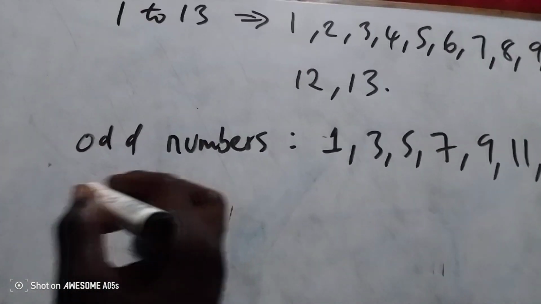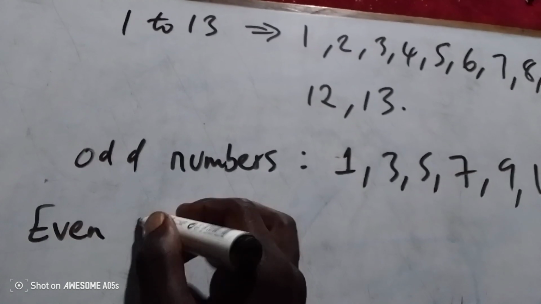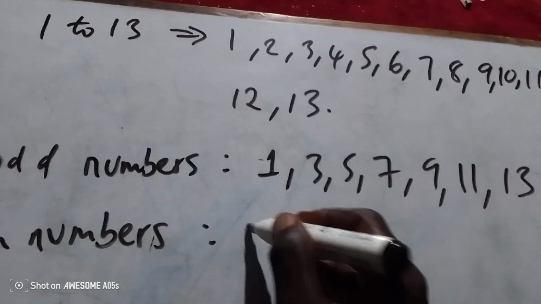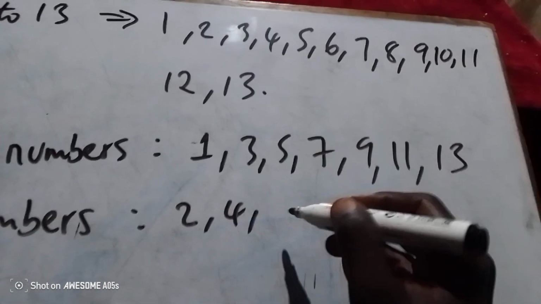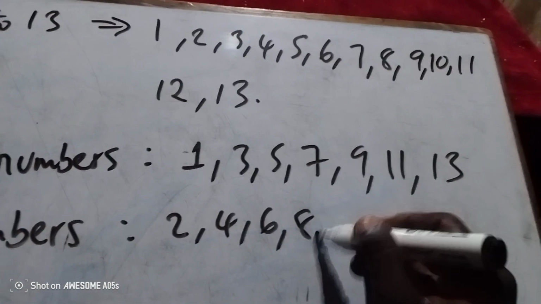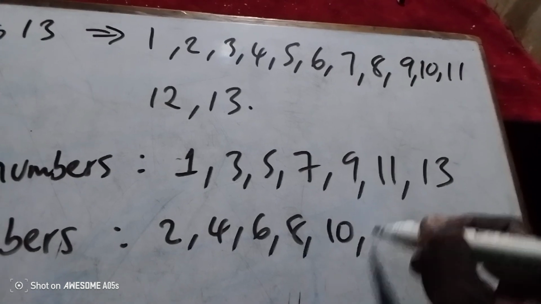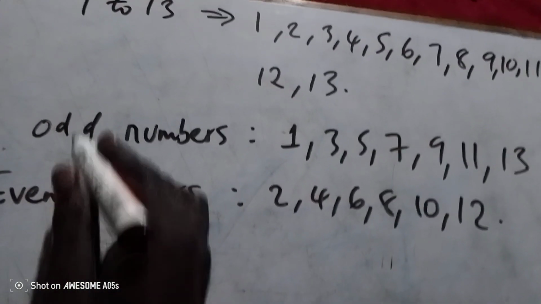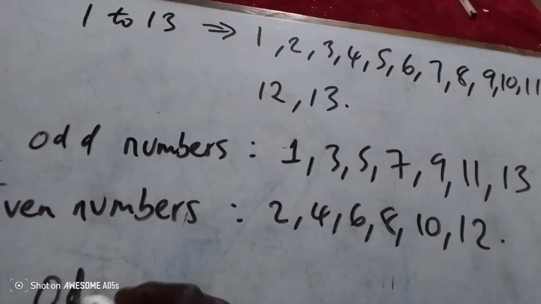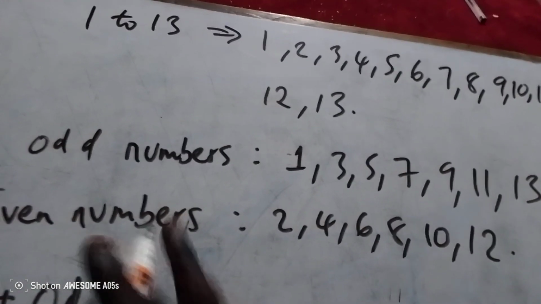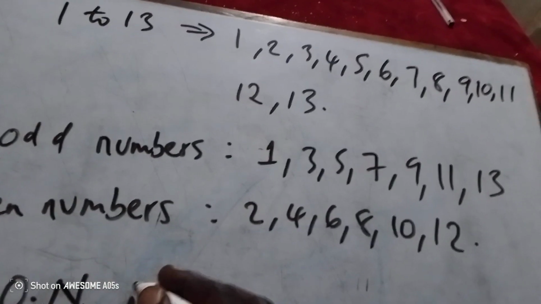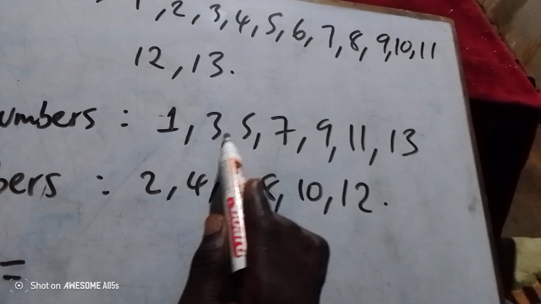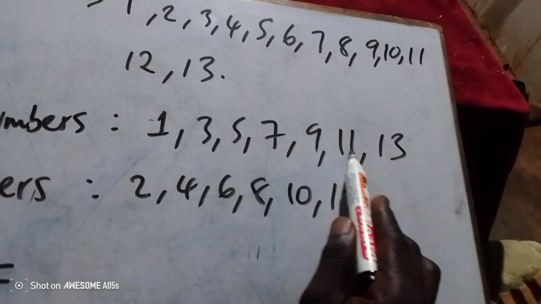Then the even numbers are 2, 4, 6, 8, 10 and 12. Then from there, let me just say odd numbers, how many do we have? So we just use initials. For odd numbers, we have got 1, 2, 3, 4, 5, 6, 7.